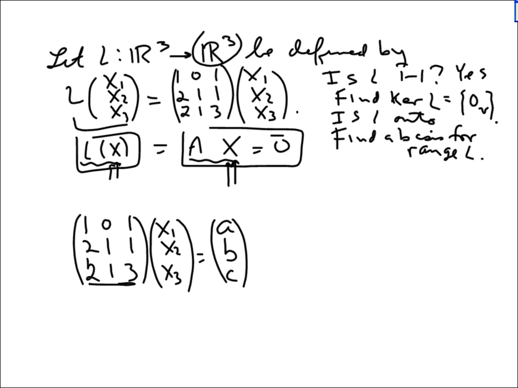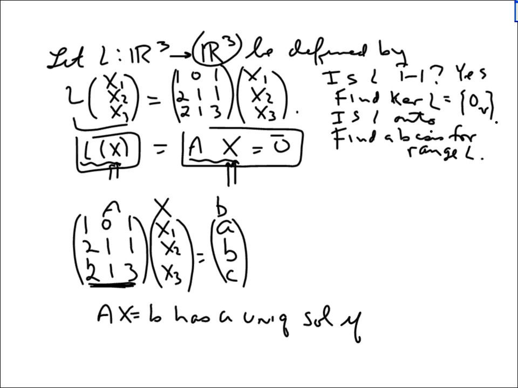The determinant of this matrix is not 0. That is, if I call that A, and this X, and this B, remember, AX equals B has a unique solution if and only if the determinant of A is not 0.